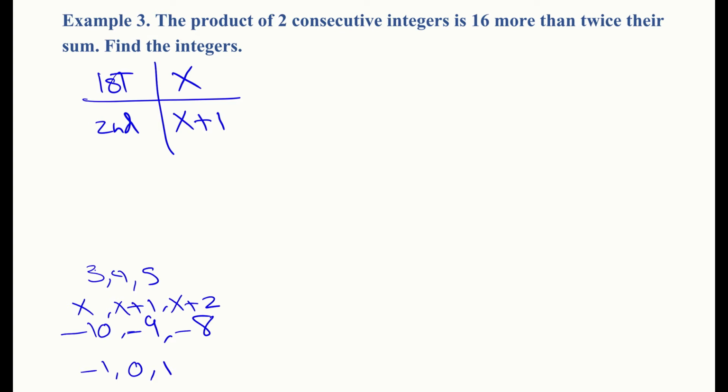So what do I know? I know that the product is going to be an intermediate equation with words, all right? Is, which means equals. Now, when you see a phrase like this, 16 more than twice their sum, ask yourself, what comes after more than? Notice I'll underline it for you. Twice their sum.